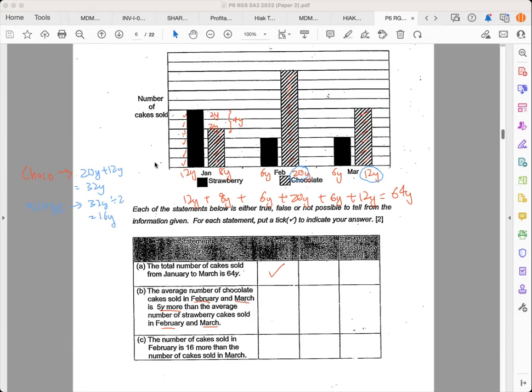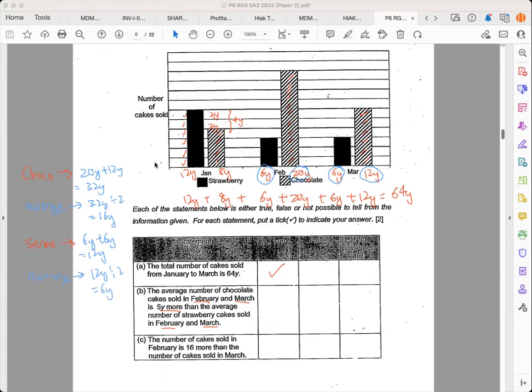Now let's look at strawberries. February is 6y, March is 6y. So it's 6y plus 6y equals 12y. The average is 12y divided by 2, 6y.